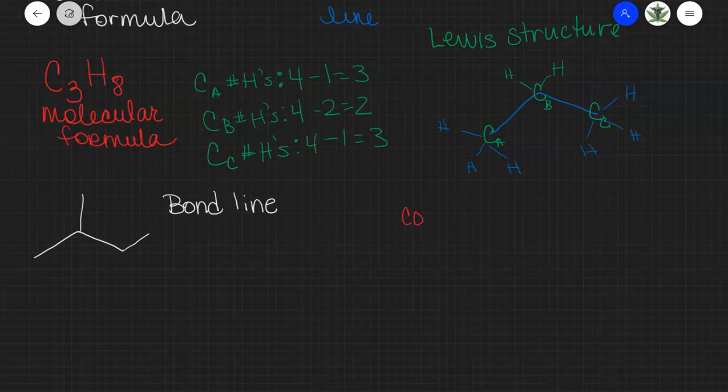What if I want you to, from here, write the condensed formula? Well, first off, I would start by writing my Lewis structure.